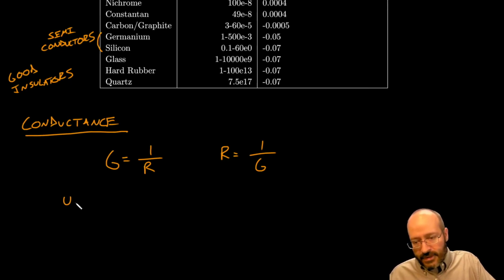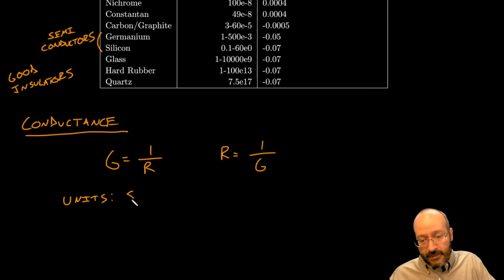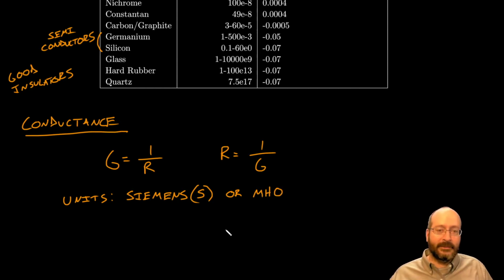The unit. Oh, this is one of the ones that has a legacy unit. Okay, so the SI unit was adopted very recently, and it's named after the German Siemens. Okay, so it's again named after somebody, so it's capital S. This is the SI unit. I'll write that in a moment. The old school unit that you may run into, that my old student ran into and was pretty happy about, is the mho. Seriously. Okay, it's ohm spelled backwards.